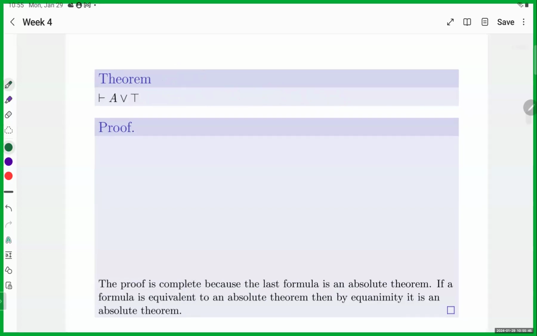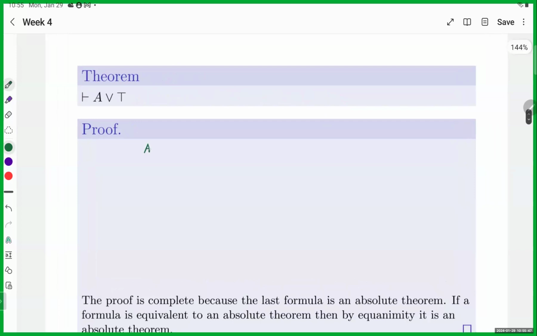So let's start with the whole thing, with the formula A or top. There's no other way here because we're not proving an equivalence, even though we are using equational style. But by showing this is equivalent to something that we know is an absolute theorem, we are done.